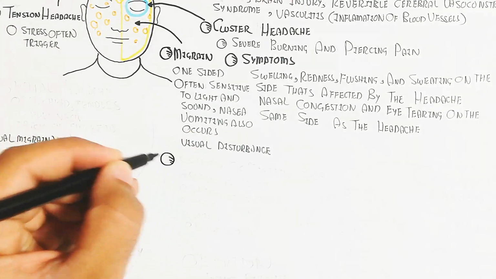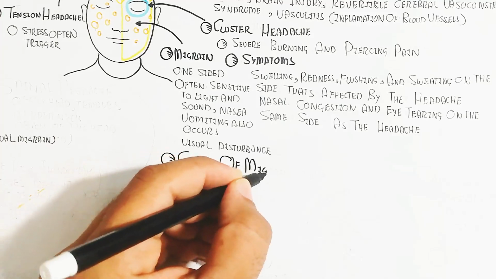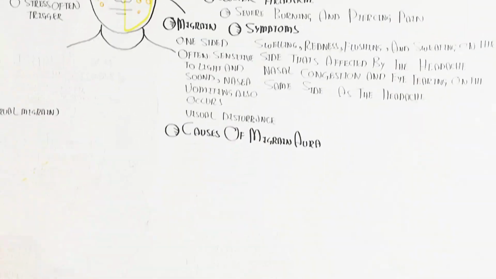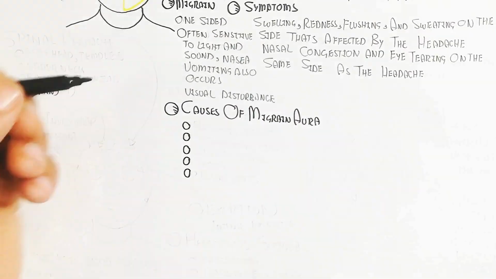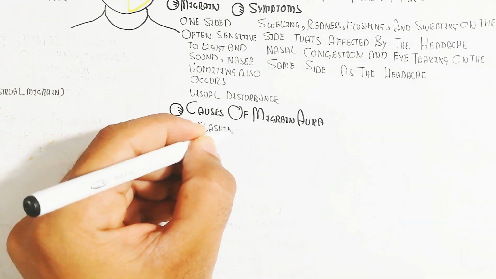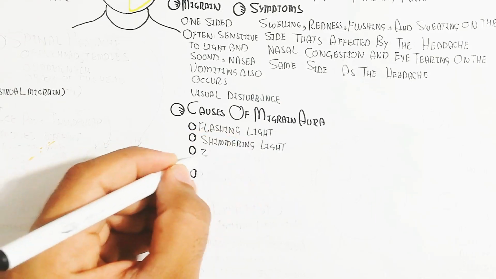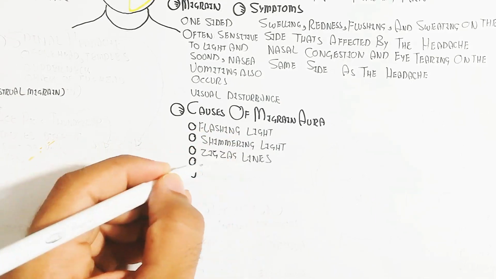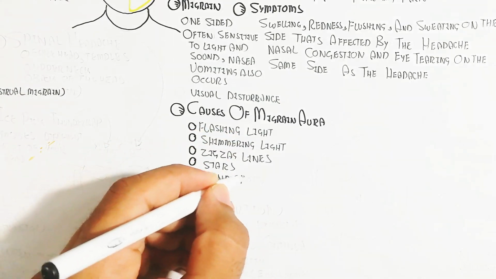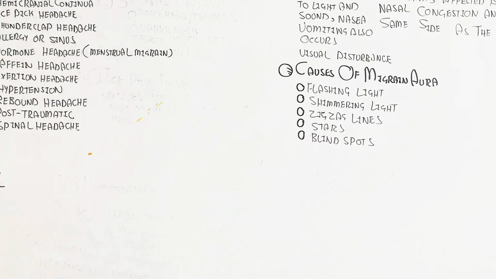So remember these things. Basically, migraines are due to stress, like stress in the abdomen, in the digestive system also. The cause of migraine aura is flashing light, shimmering light, zigzag lines, stars, blind spot.